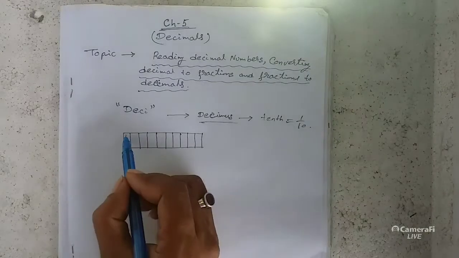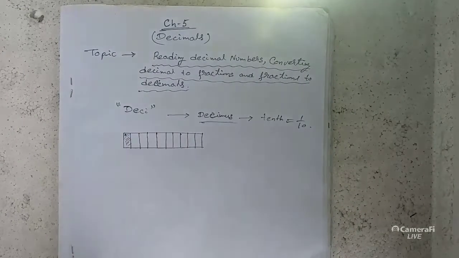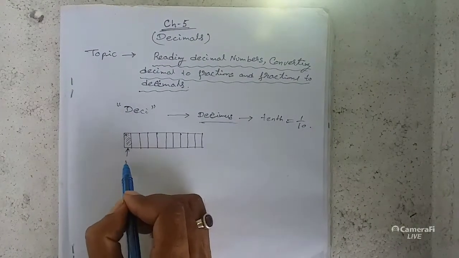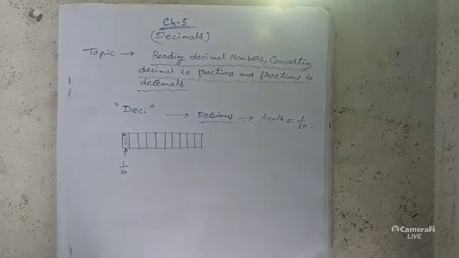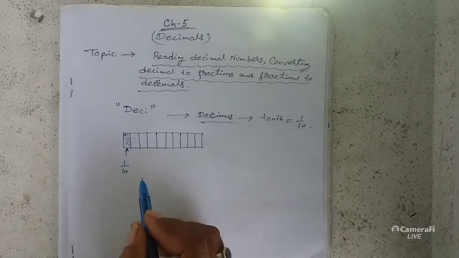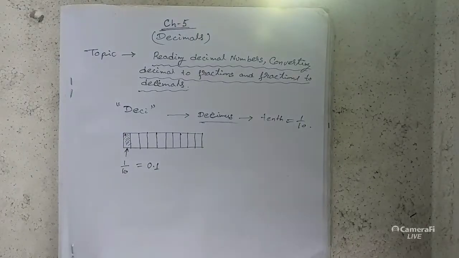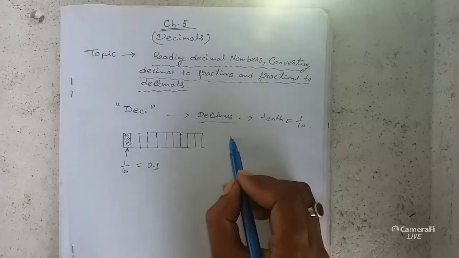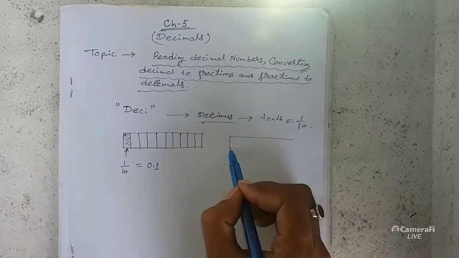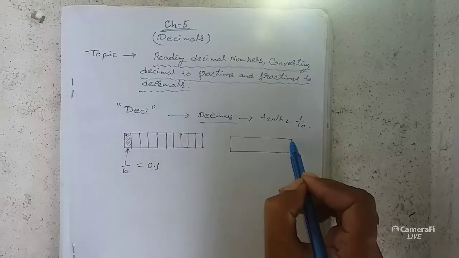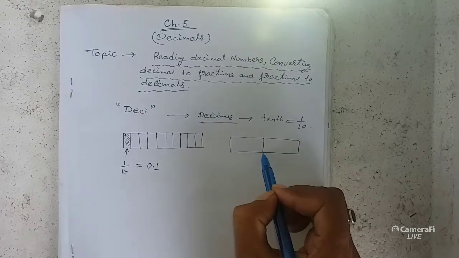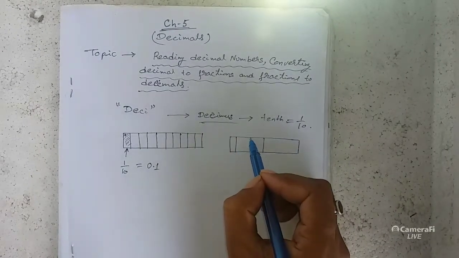Then if we say one of the 10 parts, the shaded part is 1 by 10, and in decimal this part is also 0.1.